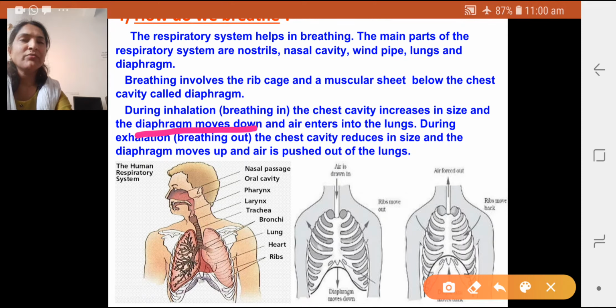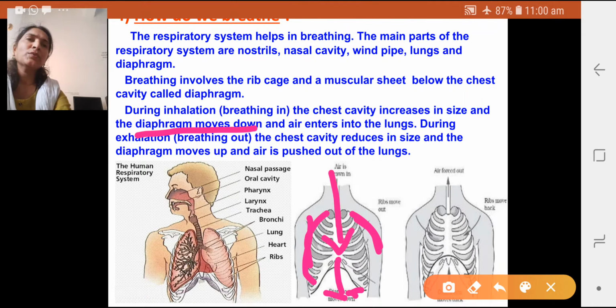So what happens when you inhale, when you breathe in? At that time the chest cavity increases and the diaphragm moves down, and when the chest cavity becomes large the air can go inside. In this process the inhalation completes.